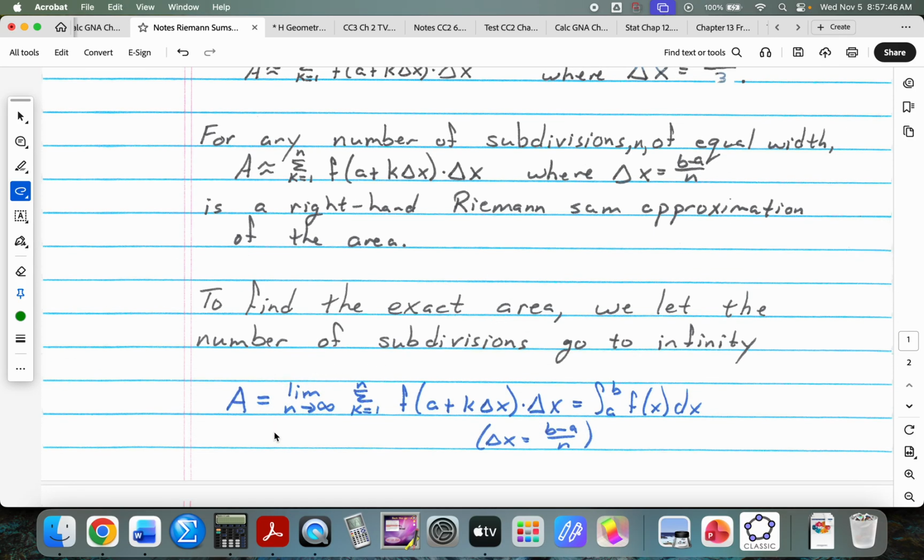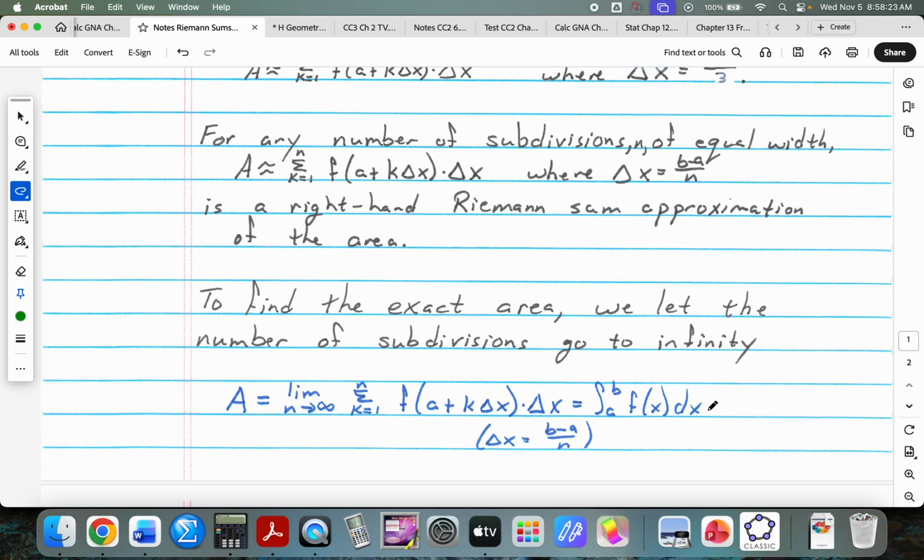So the area is exactly equal to the limit as n goes to infinity of the summation, as k goes from 1 to n, of f of a plus k times delta x, that's moving us along each time, times delta x, which is the width. So this is the height times the width of the rectangle. That is also equal to the integral from a to b of f of x dx. Remember, that integral gives you the exact area.